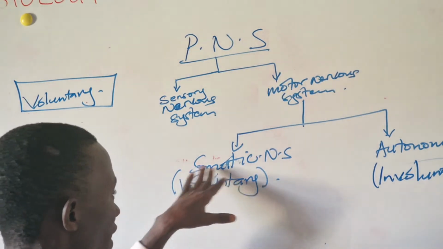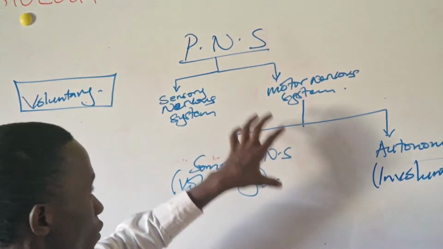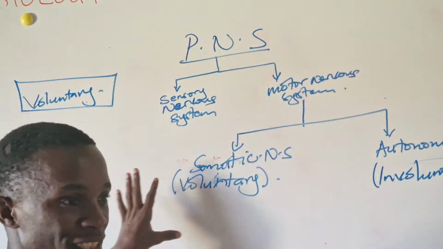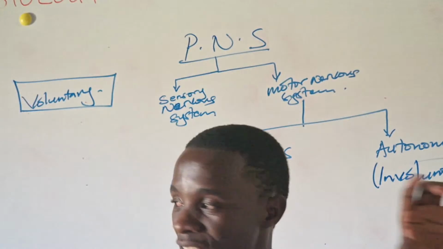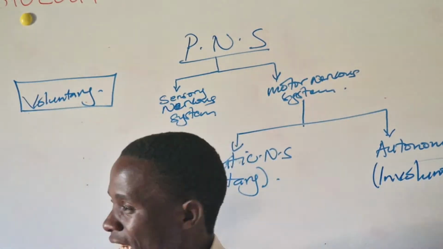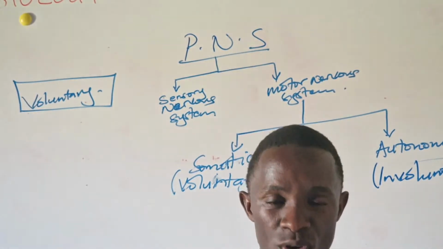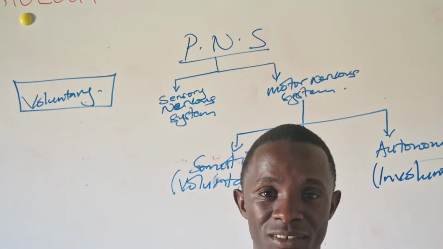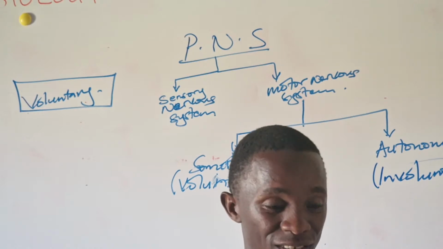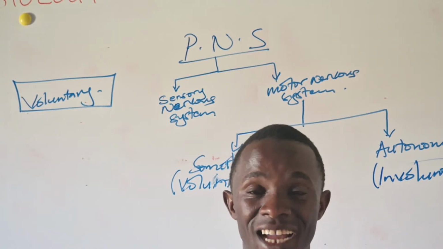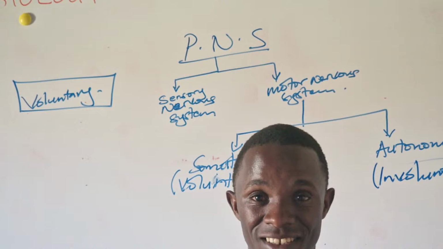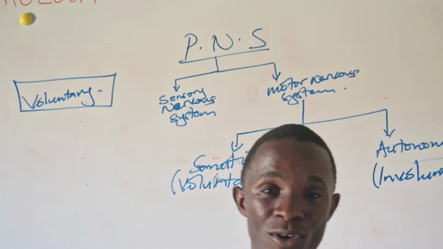So this somatic nervous system is a connection of motor nerves linked to muscles that control all responses that can be controlled by the body. It's my decision to move these hands. I can move them or not. I can dance or not.